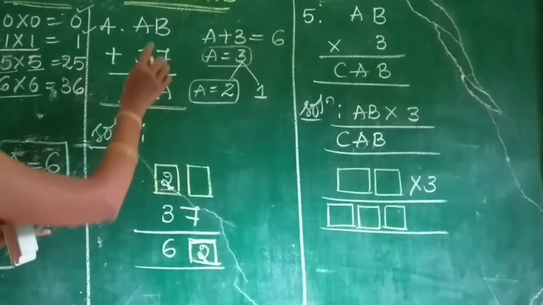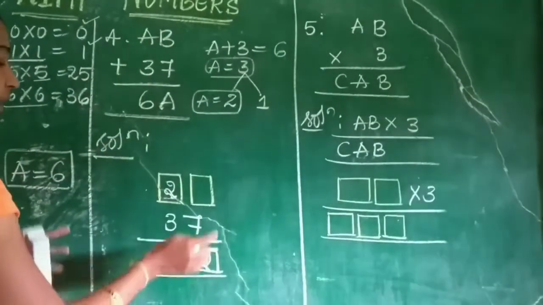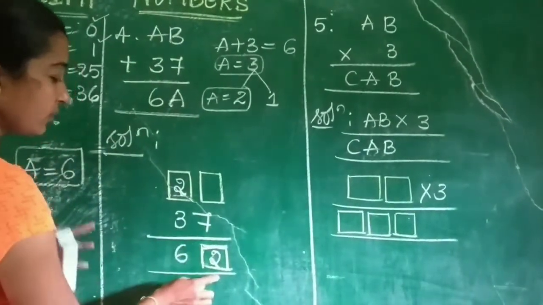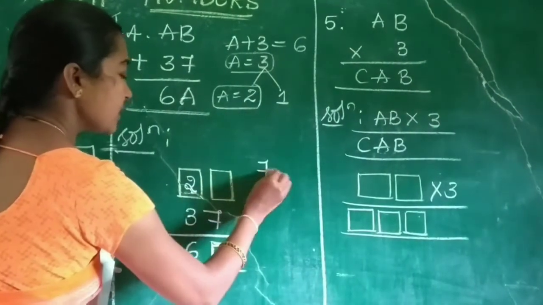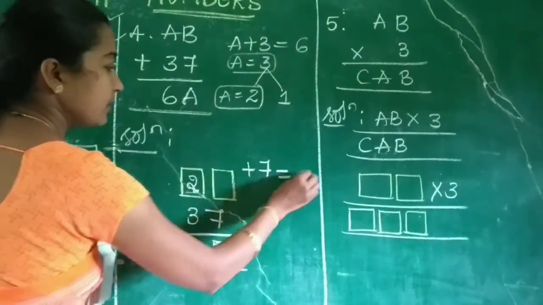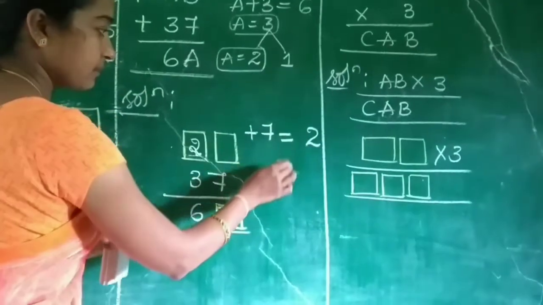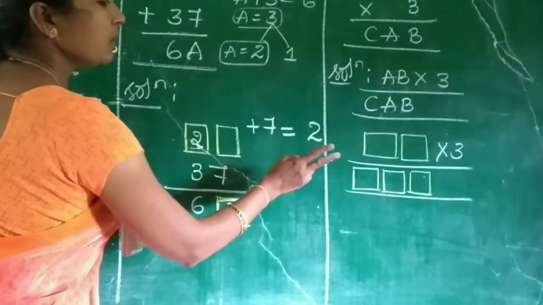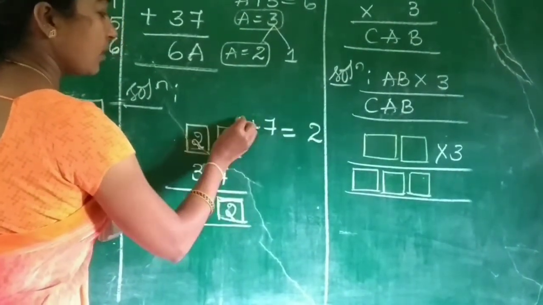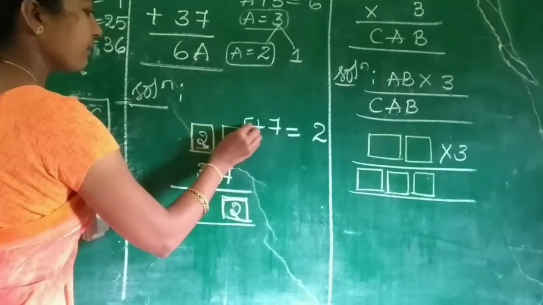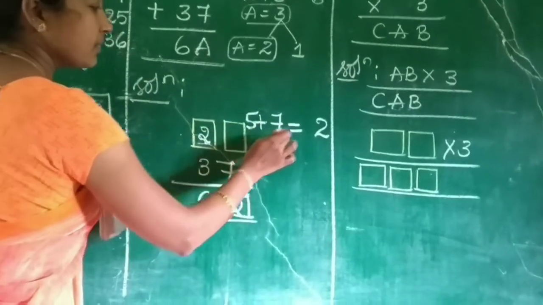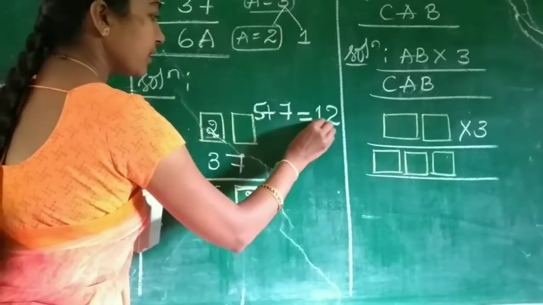Now let us find the value of B by using the value of A. See how much is added with the 7 that gives a number that takes 2 in the unit place. How much is added here? 5. 5 plus 7 gives the number 12.